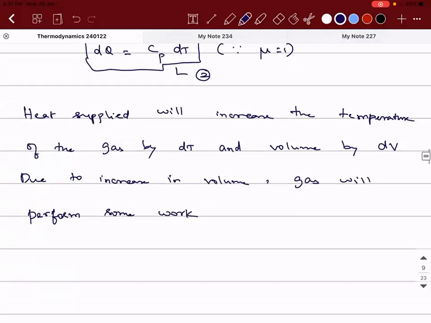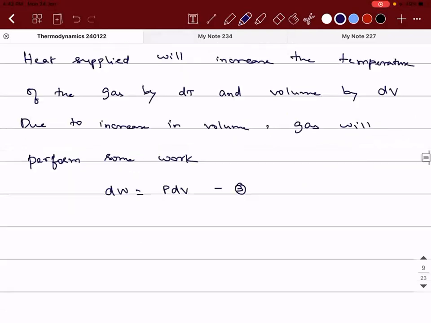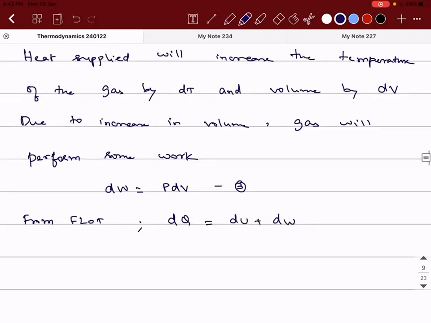So gas will perform some work, which is given by the formula dW is equal to PdV, which I call equation number 3. Then from the first law of thermodynamics, I can say dQ is equal to dU plus dW, right? In this case, the amount of heat that you supply, that is Cp dT, will be utilized to increase the internal energy.